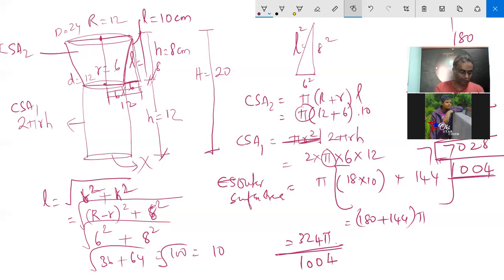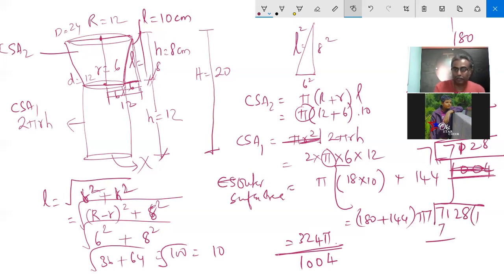324 into 22, 648. 8 is correct, 12 is correct. Okay, 12 is correct. 6 plus, 7128. So 7128 divided by 7. 7 goes 7 one time.